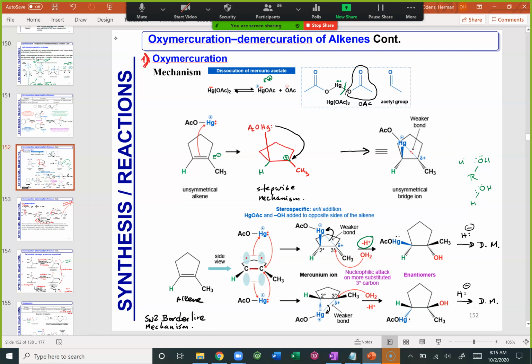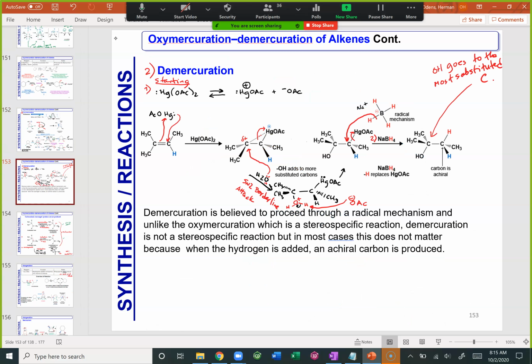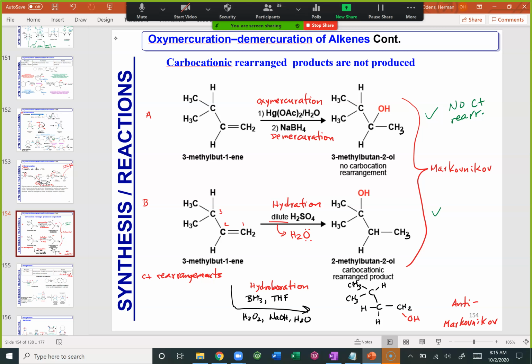Let me delete this. Let's continue with our walk here through chapter 6. All right, and so this slide compares now your oxymercuration with hydration, and you see that for oxymercuration you get a secondary alcohol that is fixed, no carbocation rearrangement.